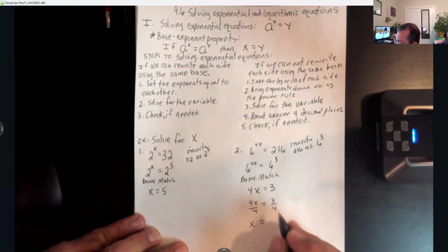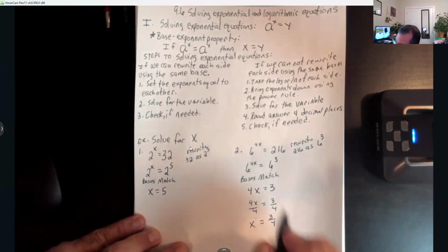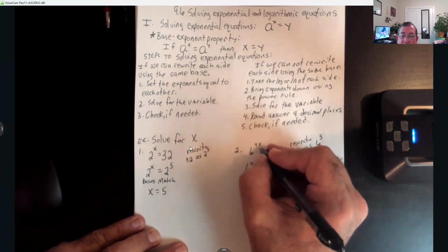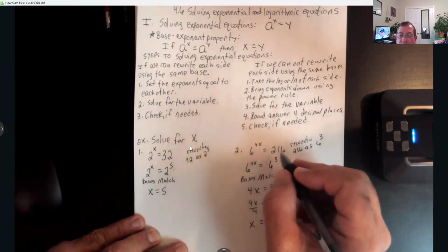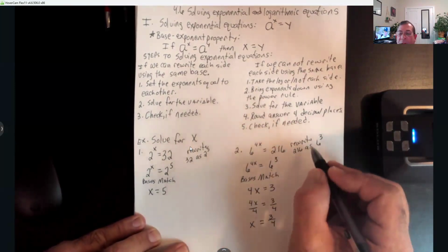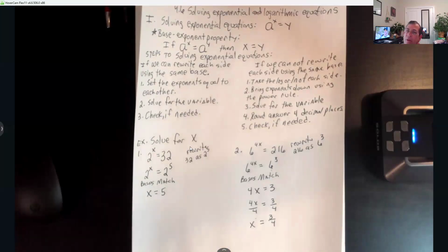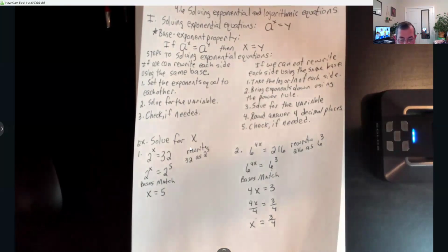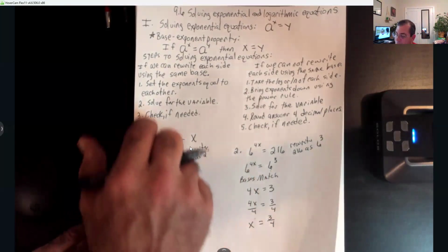And then y'all, we can't do nothing with that, so that'll stay 3/4. But y'all, if you put a 3/4 in for that x, those 4's will cancel, and you'll be left with 6 to the 3rd equals 216. Well, we know 6 to the 3rd equals 216, so that would work out true, okay? So that's going to be the trick if we can actually rewrite them using the same bases.